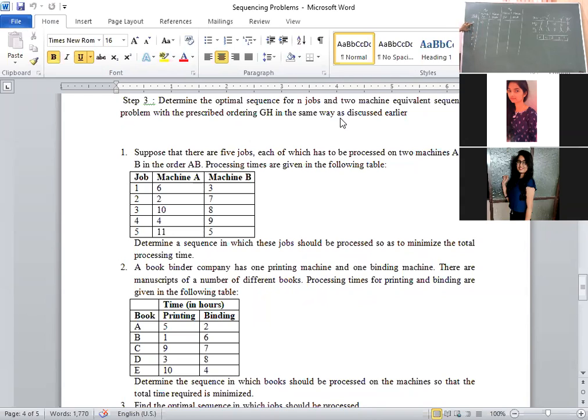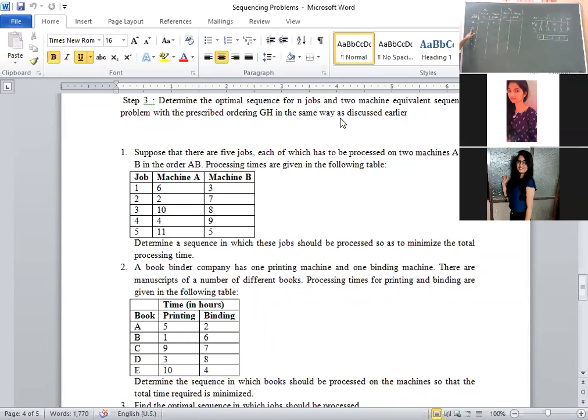That means the second job enters machine A. For the second job, go through the problem carefully. The second job is performed on machine A. Processing time is how much? 2 hours. To process the second job, machine A will take 2 hours. After 2 hours, the second job is completed.